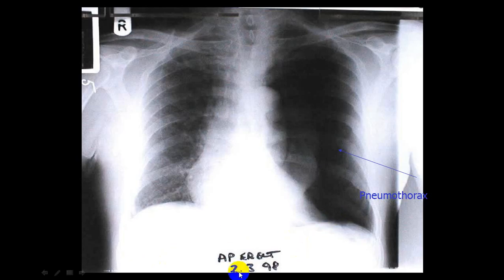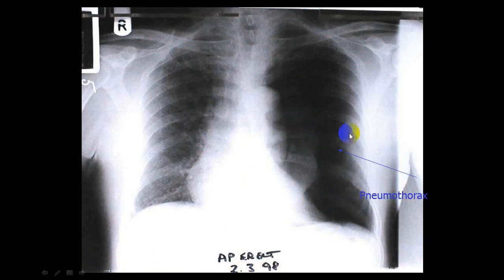Now if you look here, compare this and this. This is radiolucent, and you can see this is the border of the lung, this is a collapsed lung. This collapsed lung will produce negative pressure and this will produce positive pressure.